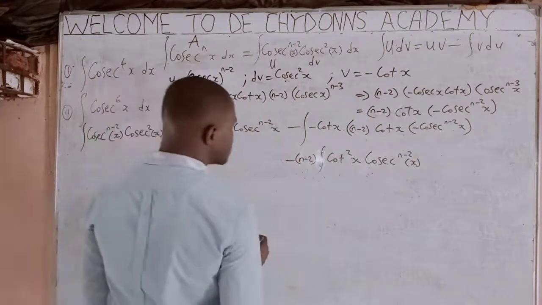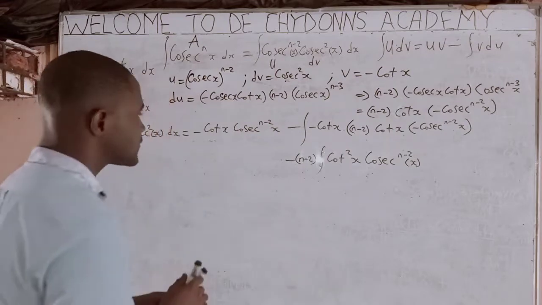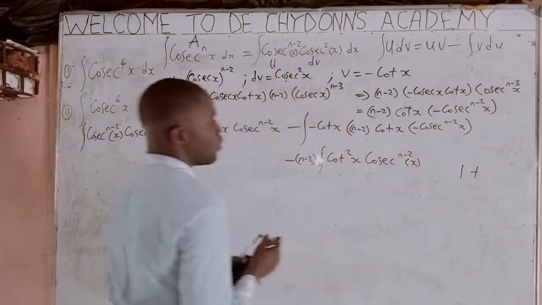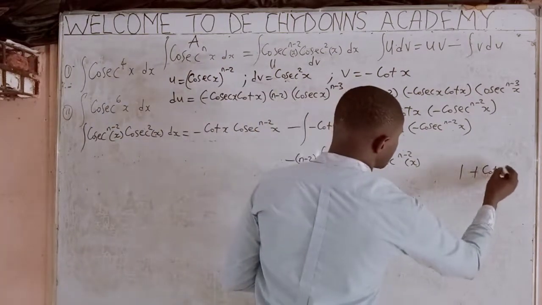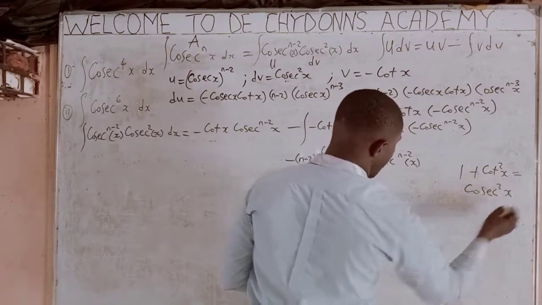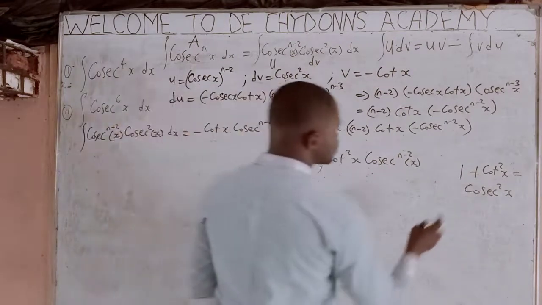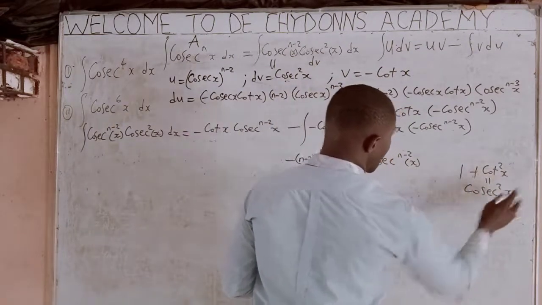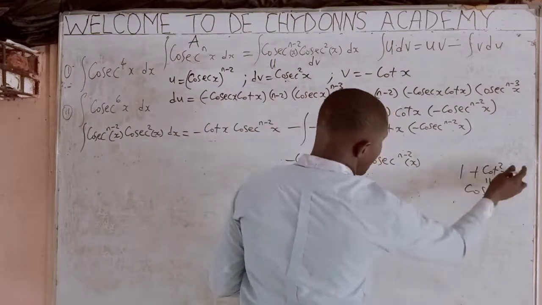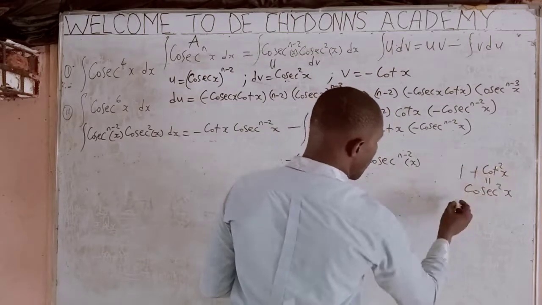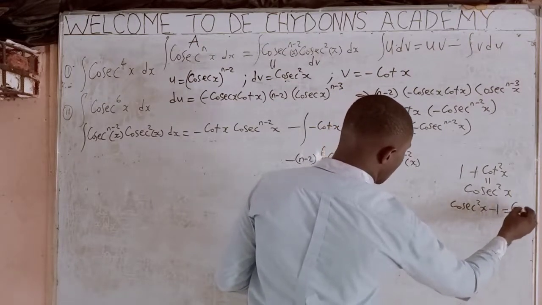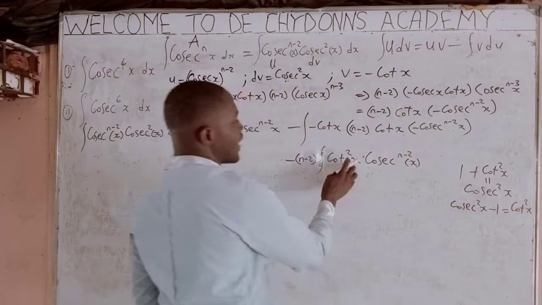Okay, now it is noted that 1 plus cot squared x is equal to cosec squared x. So cot squared x will be equal to cosec squared x minus 1. So we have cot squared x here.